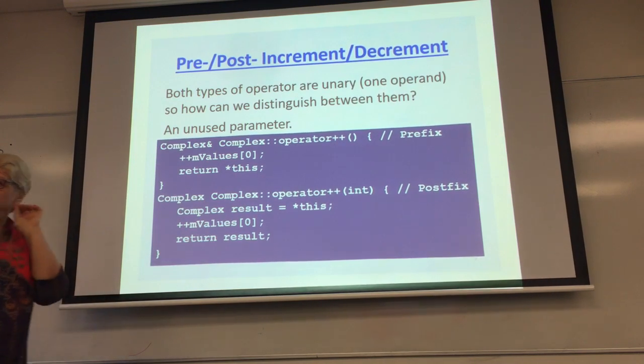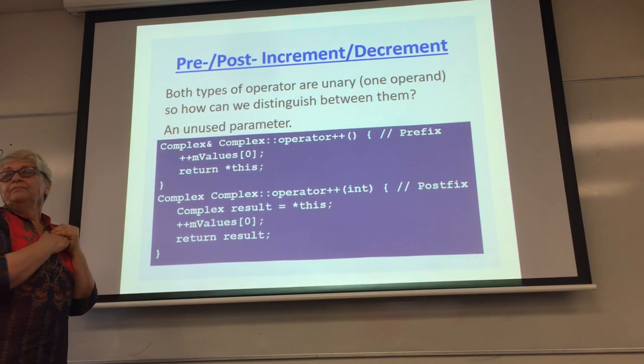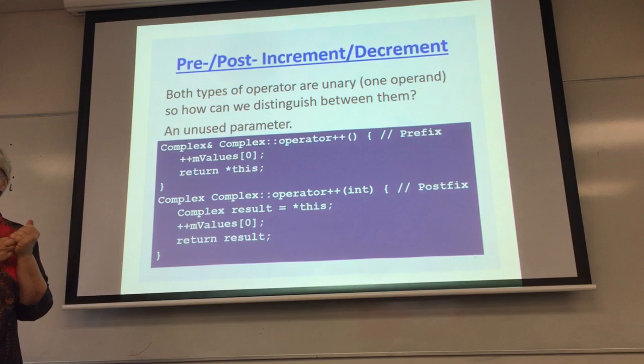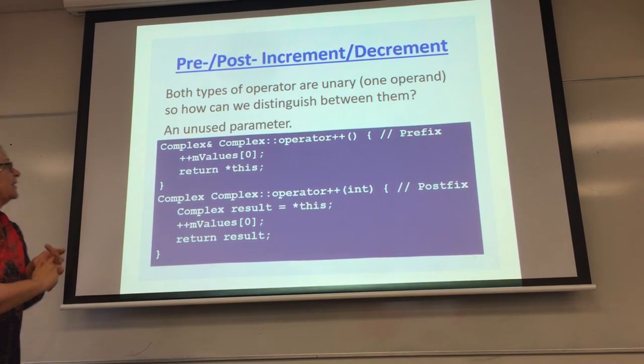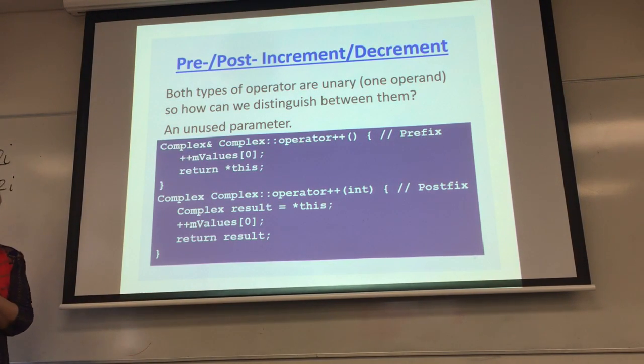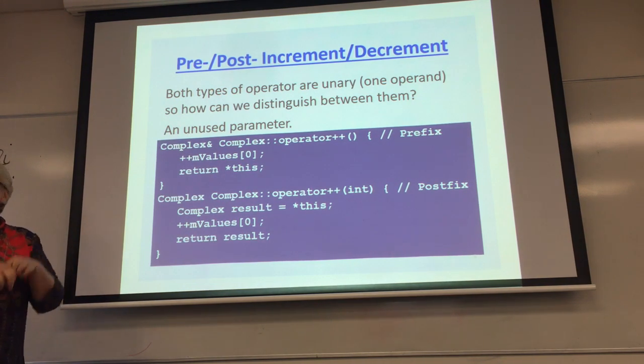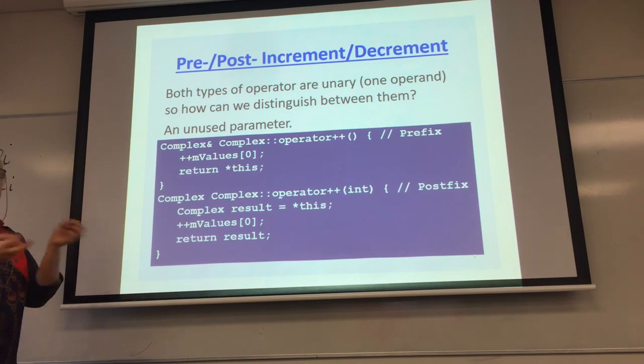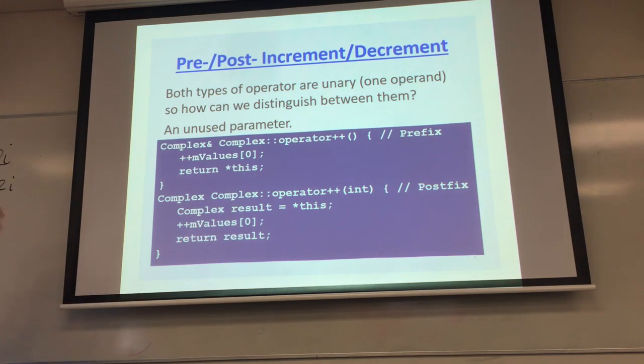Things like this, which are a little bit not intuitive, make C++ a little bit difficult to cope with, and some people complain about that. But this is what happens when you try to make too many people happy. You end up with a lot of quirky rules.